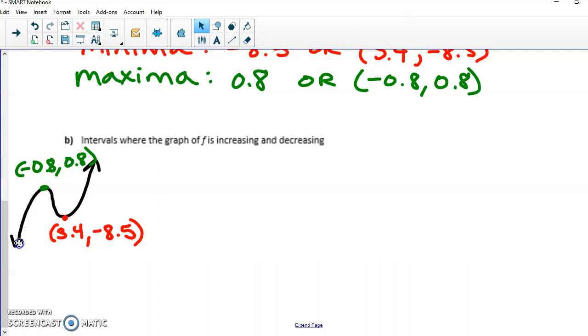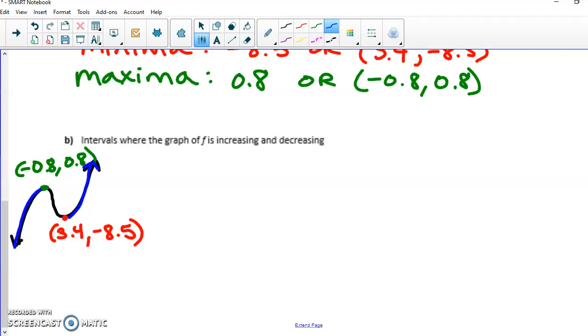So to determine where this is increasing and decreasing, we want to see when the values of y are increasing and for what intervals they are increasing. So if we look right here at this portion of our polynomial graph, it is increasing. Our y's are increasing as our x's increase. And we also have another portion of our graph right there where our graph is also increasing.